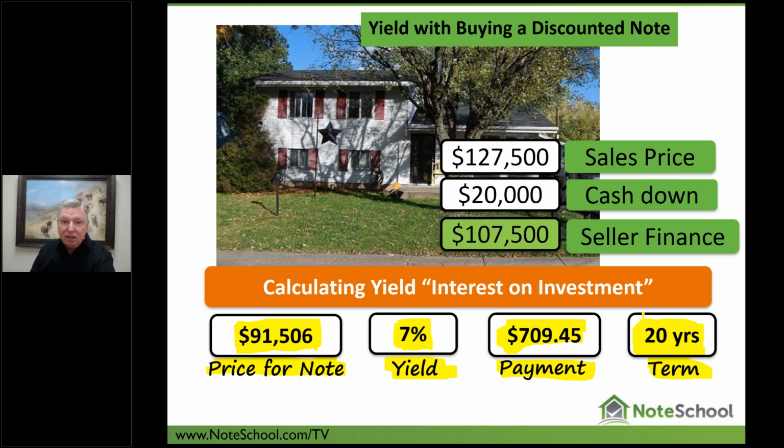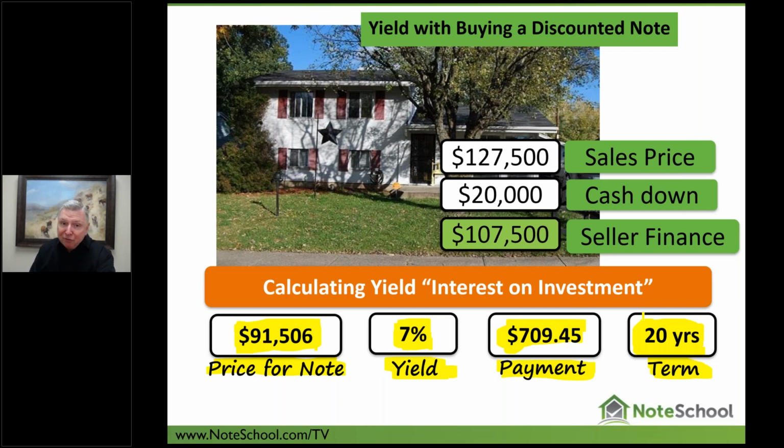If I buy the note at a discount, I know that essentially the interest on my investment is going to exceed the interest paid on the note itself. And by the way, about a third of the notes we price are written at 3% interest or less.